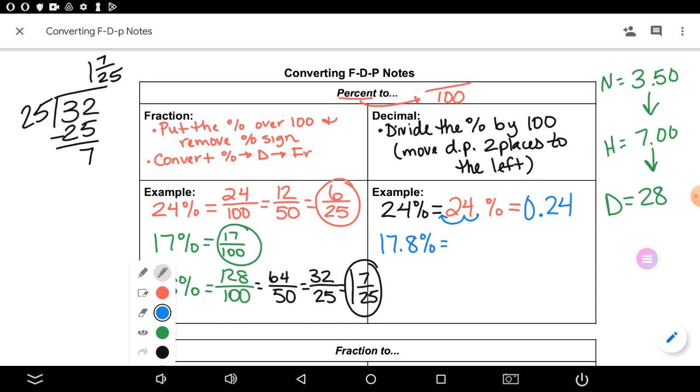No, we just have to locate it. Brady, and then what do I have to do with it? Yeah, and I'm going to write it here just so we can see the original. I move it 2 times to the left, once, twice. So my decimal would be 0.178. You can't leave off those extra numbers.